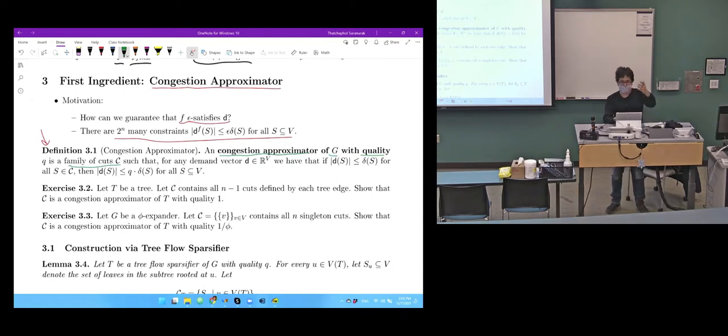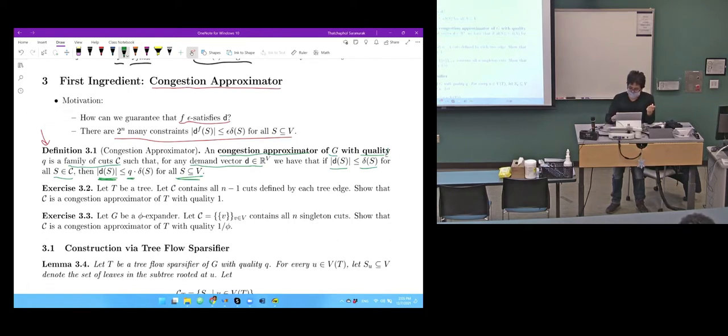Not 2 to the n cuts, it can be much smaller than 2 to the n cuts, and it's a very good family because if you are given any demand vector, and suppose that you have checked that the total demand is small compared to the cut size, only for the cuts inside this family, then you know that it is true for every cut, but maybe up to a Q factor.